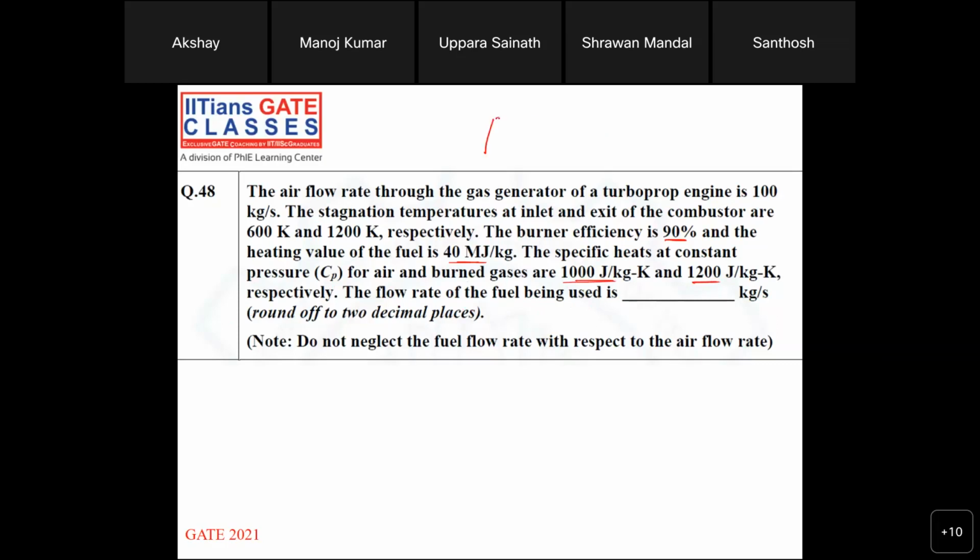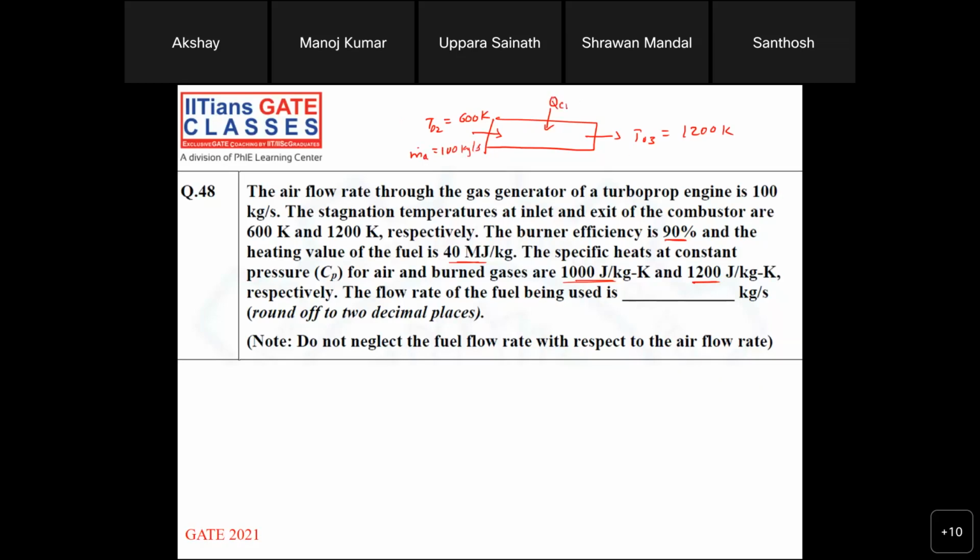So again the problem is the same, the environment is the same, only the variable you have to calculate is different now. They are given T02 to be 600. Similarly, T03 equal to 1200. Mass flow rate of air is given to be 100 kg per second.